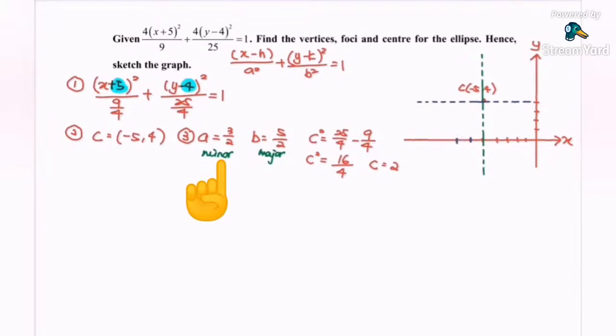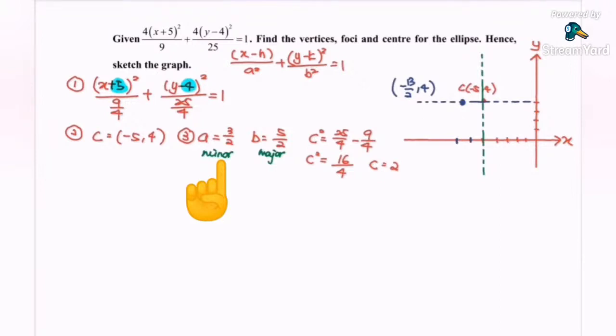So here we have 1.5, so automatically our minor vertices will be around -5 minus 3/2. So our answer will be -13/2, 4 for the minor vertices.